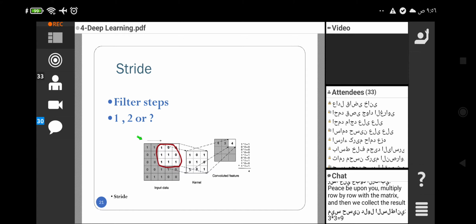So these two sets of 9 numbers are multiplied by each other, as you see here, and then they are added up. Do you understand?